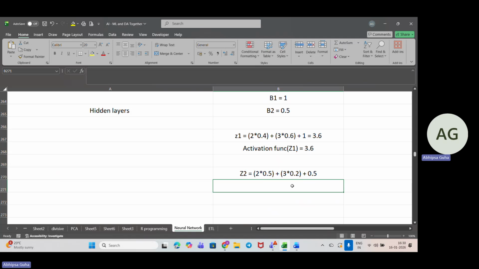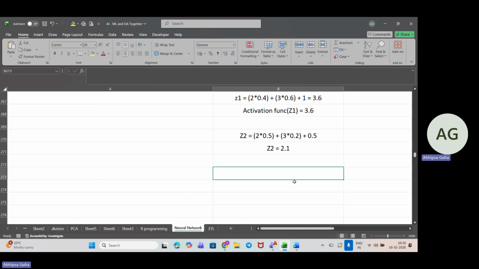So here my Z2 value will come up as 2.1, because 2 into 0.5 is 1, plus 3 into 0.2 that is 0.6, plus 0.5, that is giving me the value as 2.1. Okay.